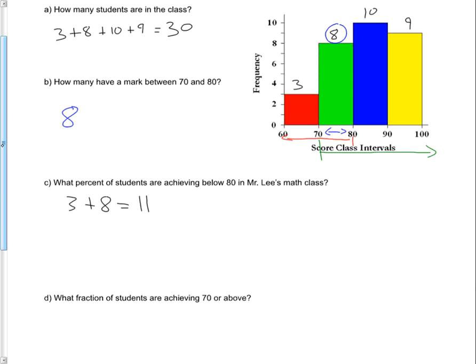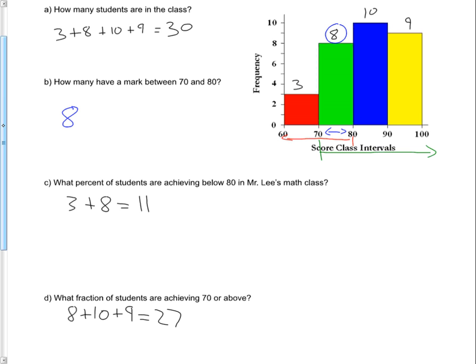In this case, 8 students are getting between 70 and 80, there are 10 students getting between 80 and 90, and finally, there are 9 students getting between 90 and 100. So 8 plus 10 is 18, and 18 plus 9 is 27. So there are 27 students who are achieving 70% or above.